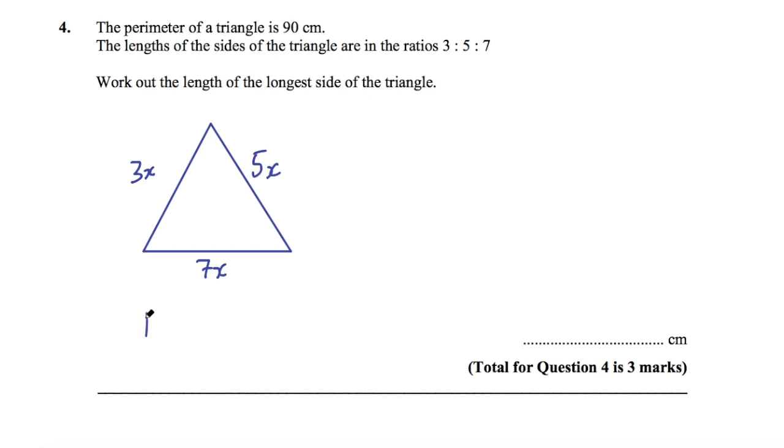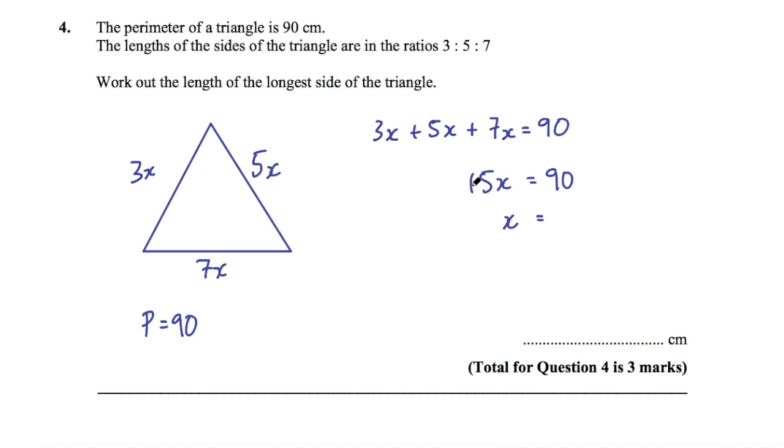And we know the perimeter equals 90, so we can say that 3 lots of something plus 5 lots of something plus 7 lots of something equals 90. So that gives us 15 lots of x equals 90. So that scale factor must be 90 divided by 15. 15 times 2 is 30.